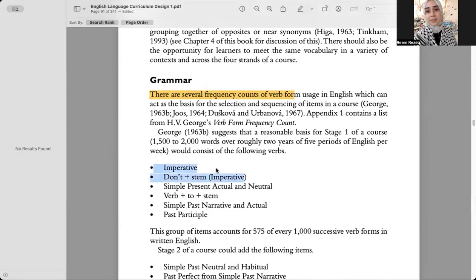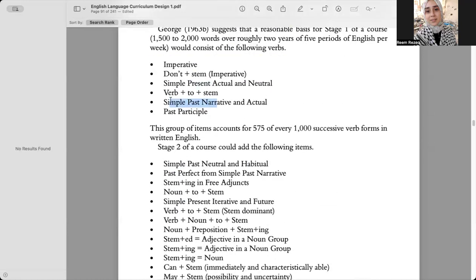For example, the imperative: don't go, don't stand up. Simple sentences, simple present, simple past for narrative, and then the simple passive.